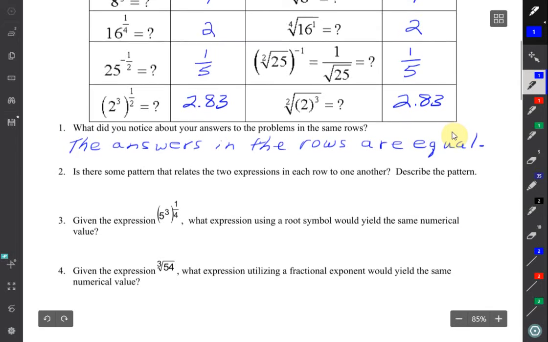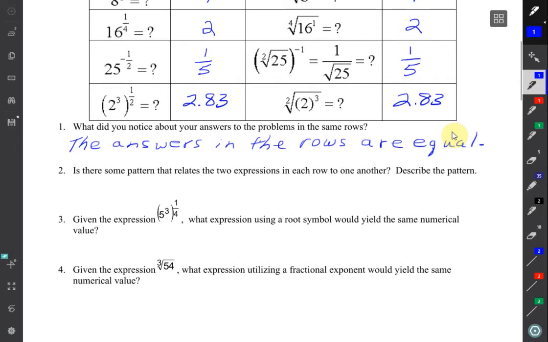We're going to practice that here, but let's write out that pattern. The base of the power is the number under the root sign.